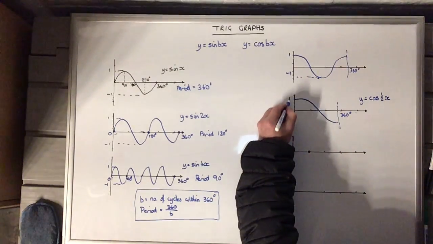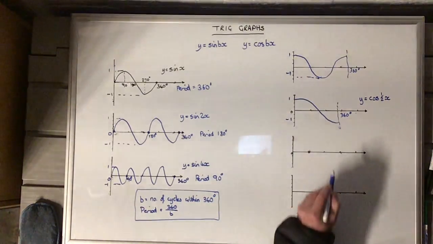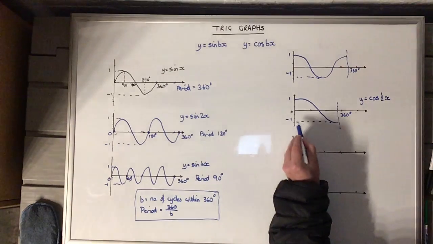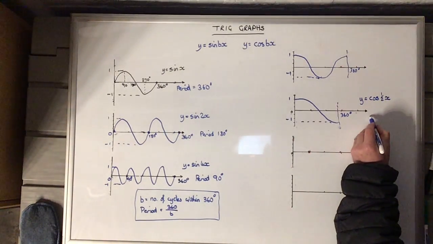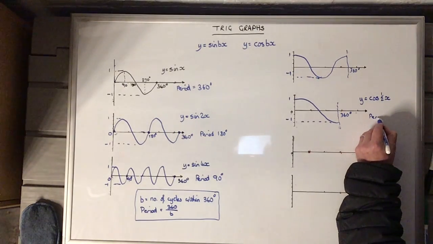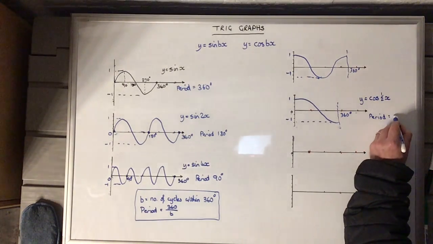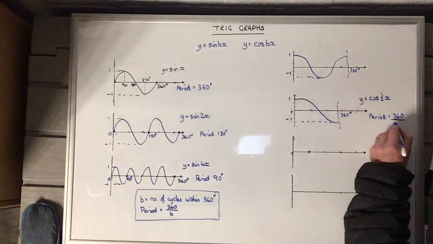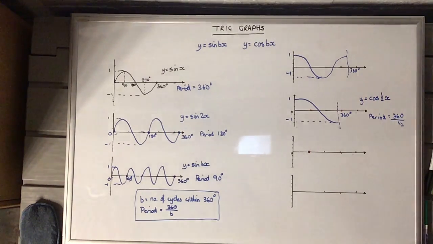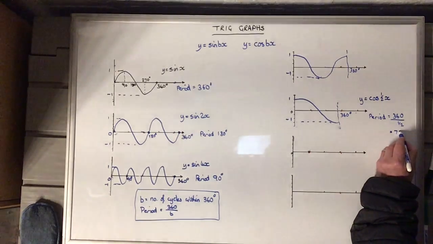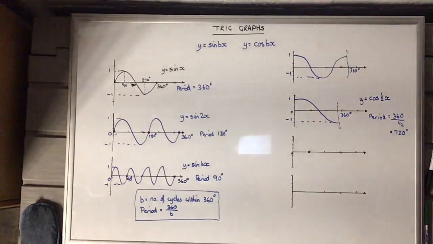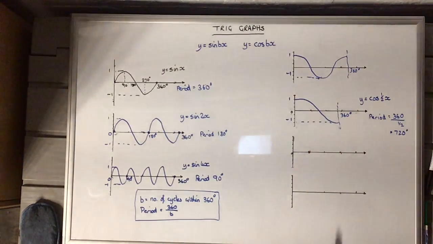Remember that's 1 and minus 1. So the period for that wave would be 360 divided by a half. Now dividing by half is the same as multiplying by 2. So if you work that out, it comes to 720. So it takes 720 degrees before this particular graph repeats itself.